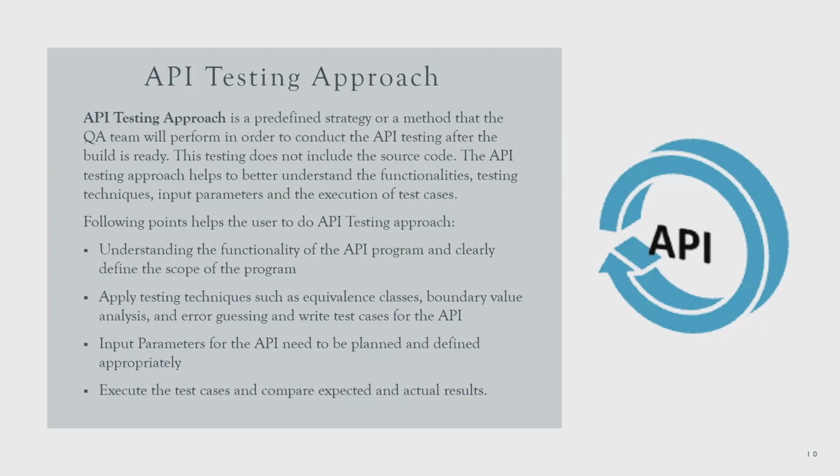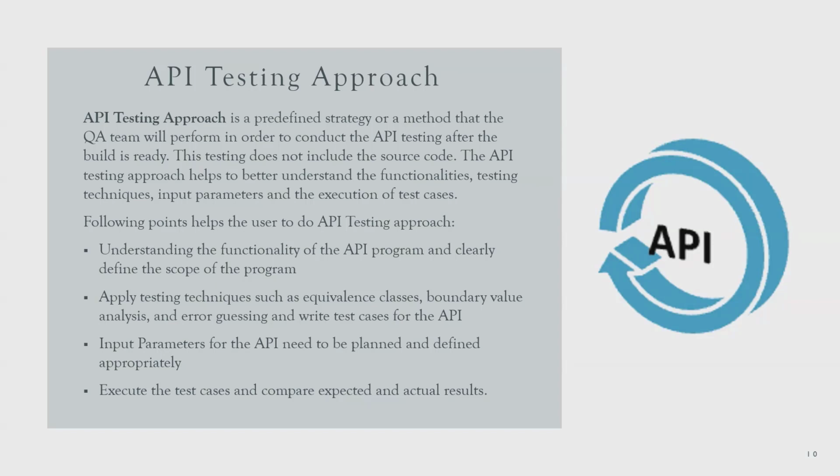So, initially, we first have to analyze the functionality of the API program, how it is working, which parameters we have, and whether these parameters depend on the business requirement or not.